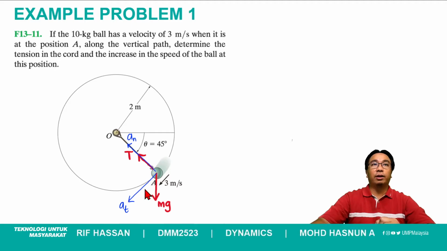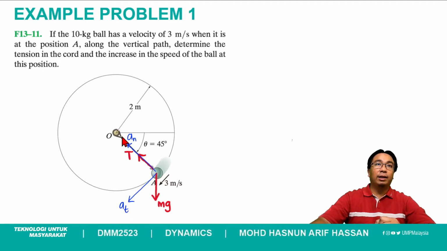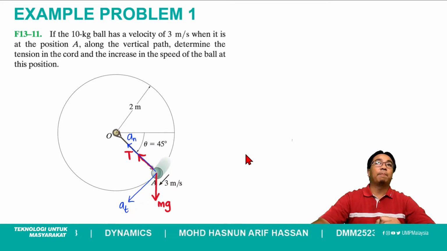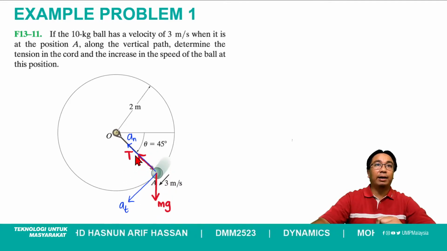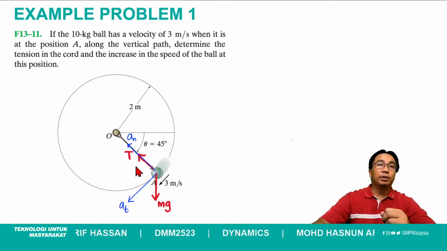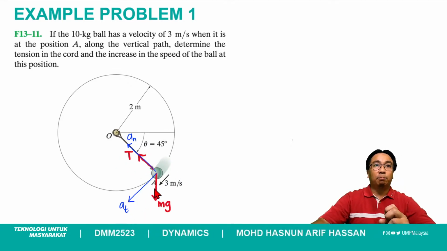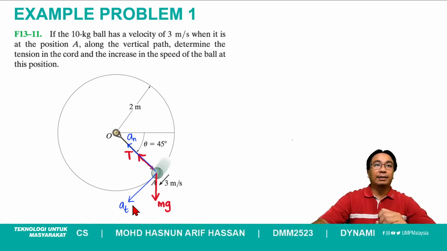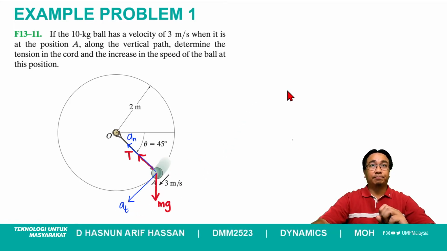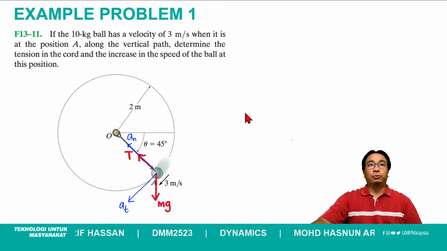So you now have AT pointing this way, AN pointing that way. Okay. So this completes our free body diagram. The red colored one is the free body diagram showing the forces. The blue colored arrow is the kinetic diagram showing the acceleration component. Okay. Now, what do we do?